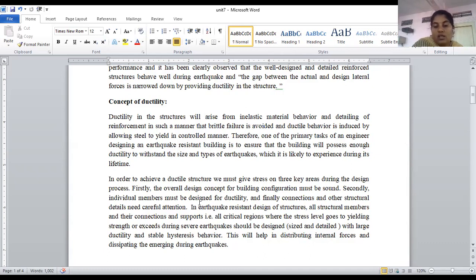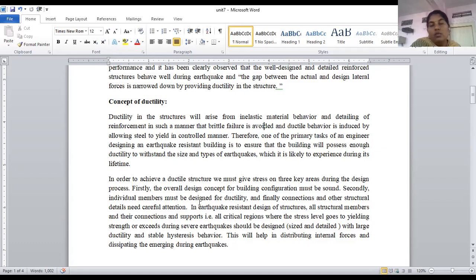You will understand the ductility with the three parameters. First, the configuration of the building should be strong. Second, the structural elements should be designed separately with a ductile behavior.